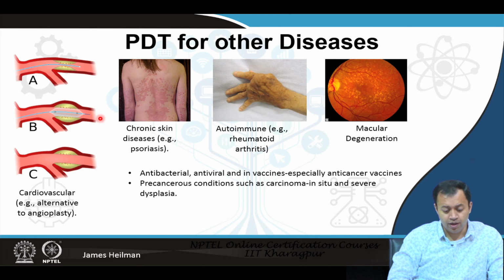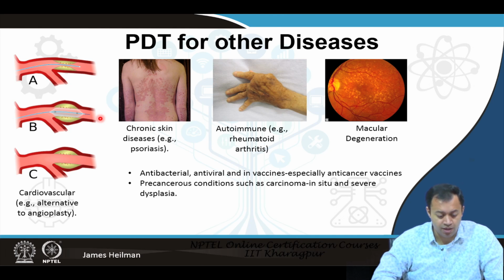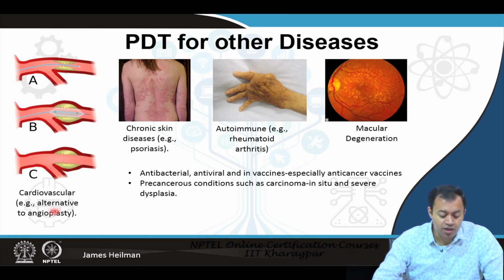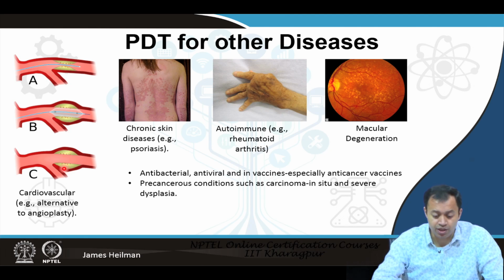You also get some amount of energy by burning, oxidizing the fat, and that is it. So, as an alternative to angioplasty, you have completely removed the fat deposition inside your blood vessel. So, that could be done.